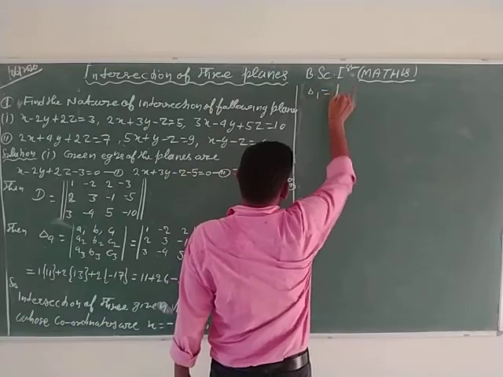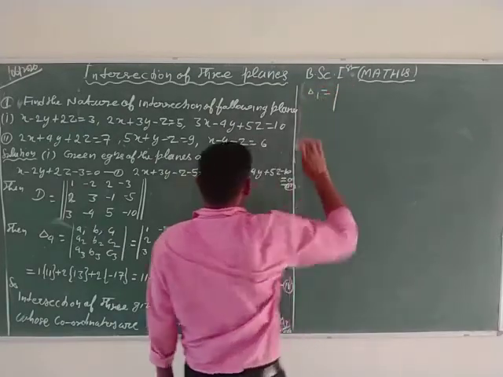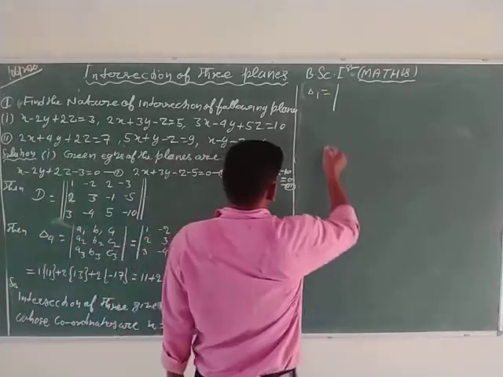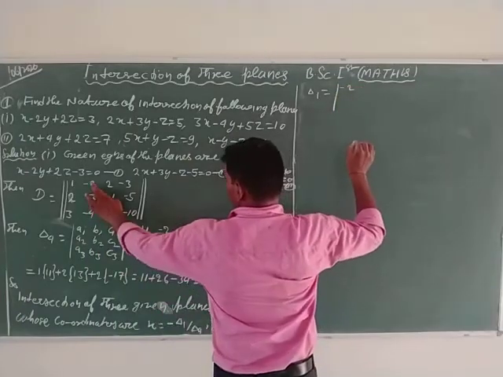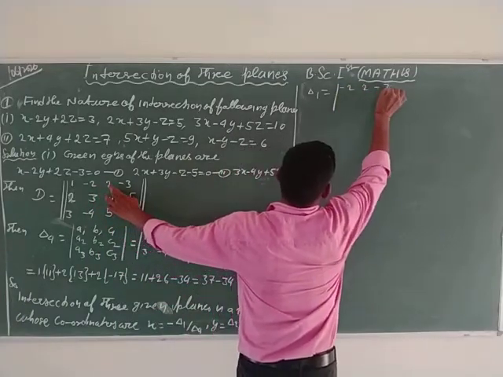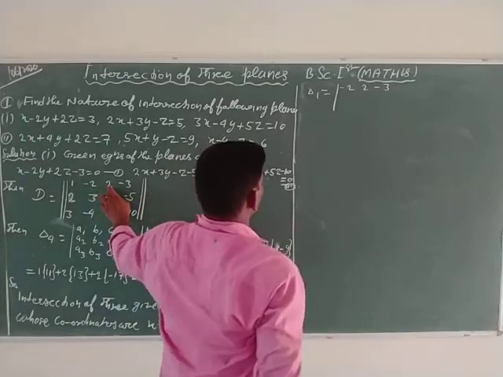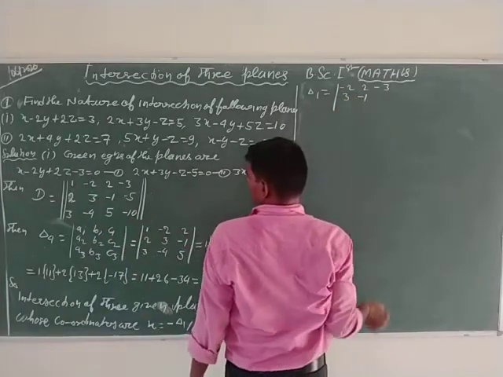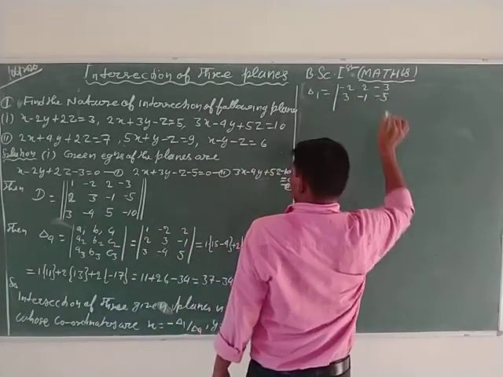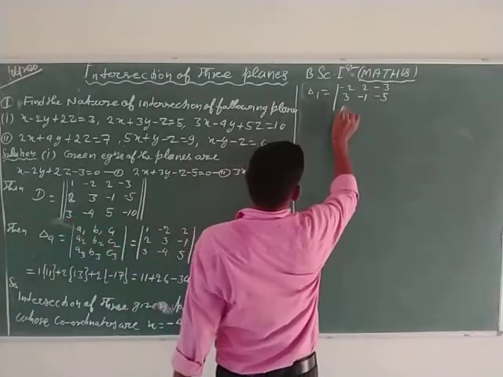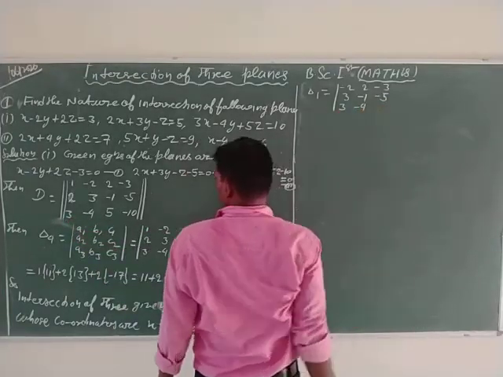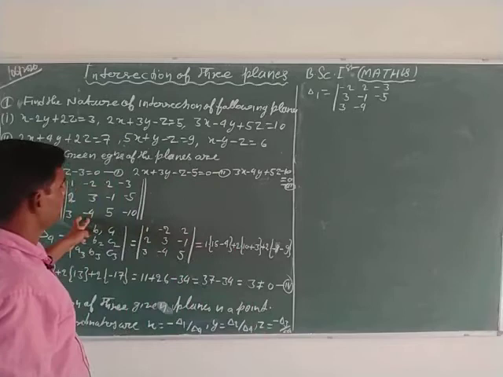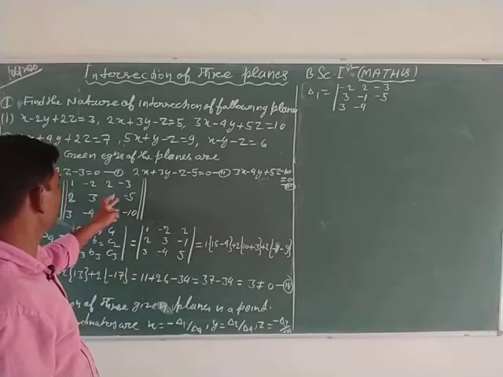Delta 1, you know what delta 1 is. Delta 1 is: remove the first column and write the other three columns, means minus 2, 2, minus 3, 3 minus 1, minus 5, at last 3 minus 4, 5.